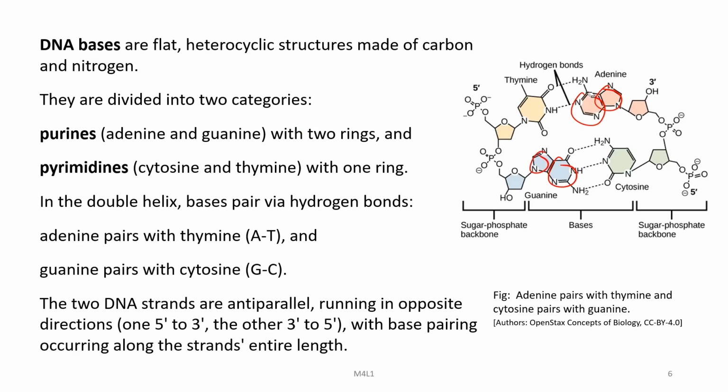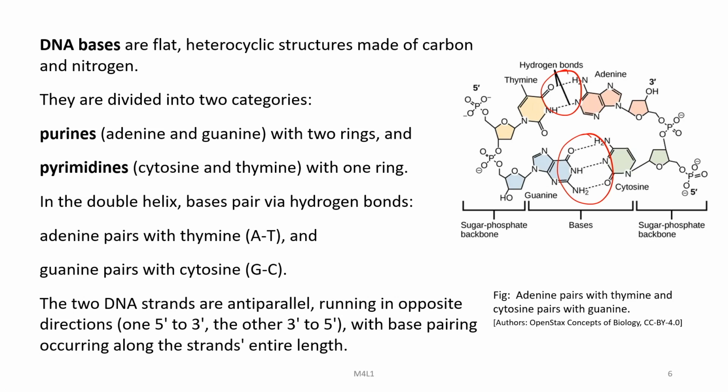Then you have the pyrimidines, cytosine and thymine, which have only a single ring each. Now adenine will pair up with thymine and guanine will pair up with cytosine, and this pairing is stabilized by hydrogen bonds, as you can see by the dotted lines.